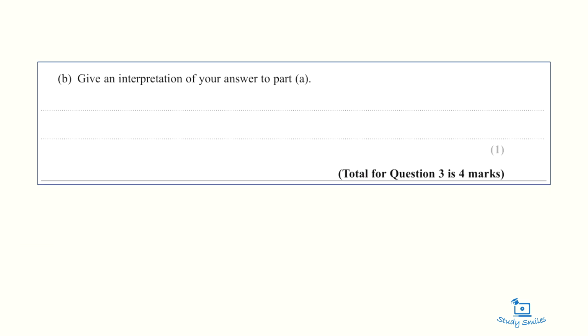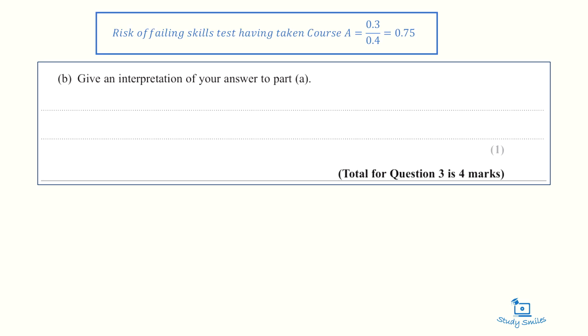Part B asks us to give an interpretation of our answer in Part A. So in Part A, we calculated the relative risk as being 0.75.